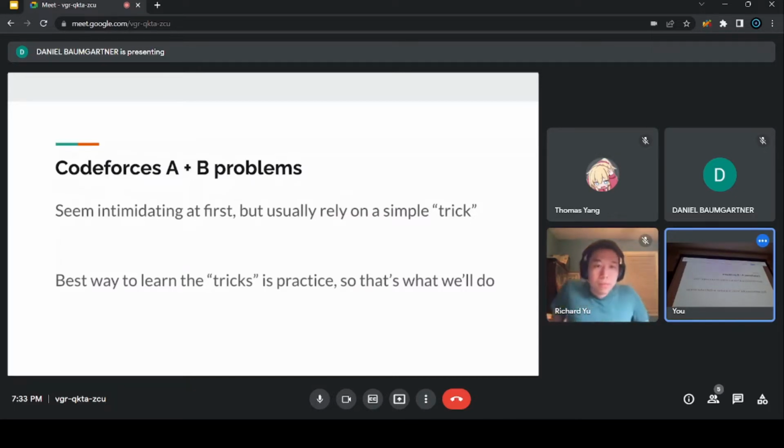So the general approach to solving A and B problems is to make some observations on the problem statement, and from that figure out a fairly simple trick, actually, for most of these problems, on how you can get the solution usually very quickly.